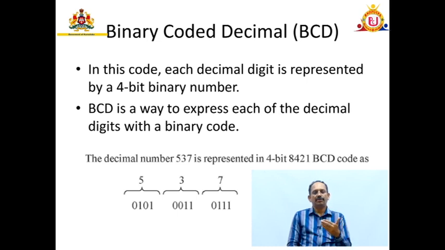Suppose there is a short of any number of binary digits out of 4 binary digits, a bit 0 is added to the original binary number. So the 5, when we convert it into binary digits, will give 101. To make it 4 digit, 0 is added. The next number is 3.